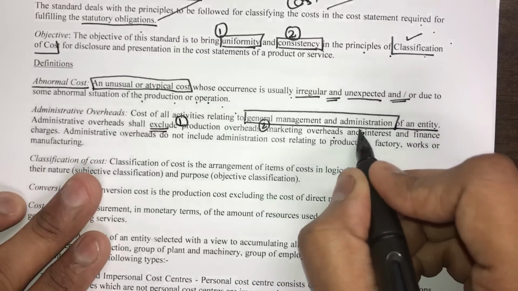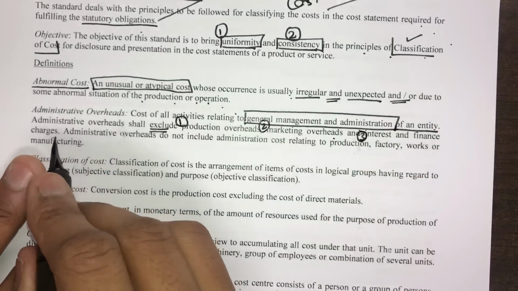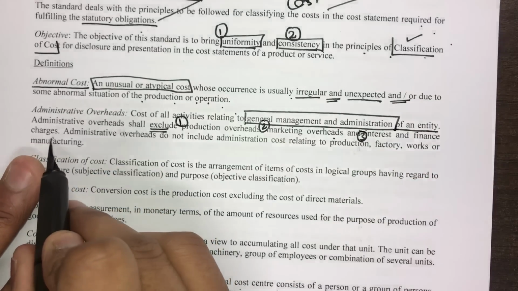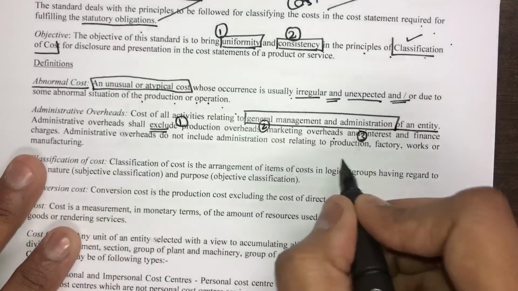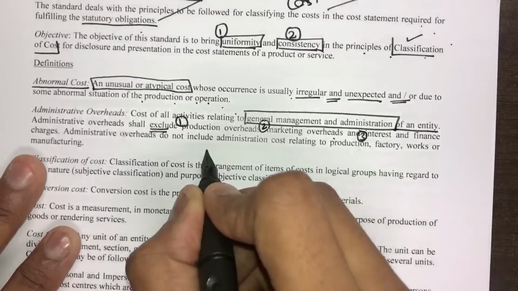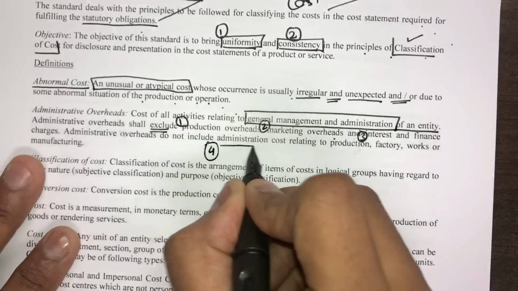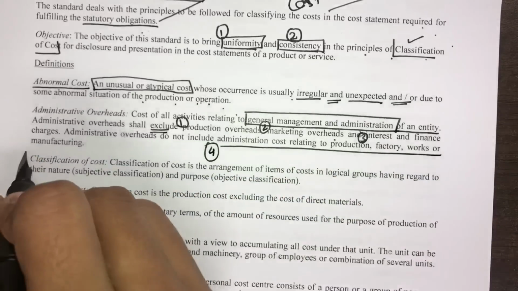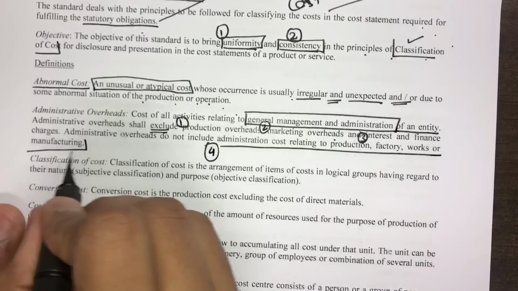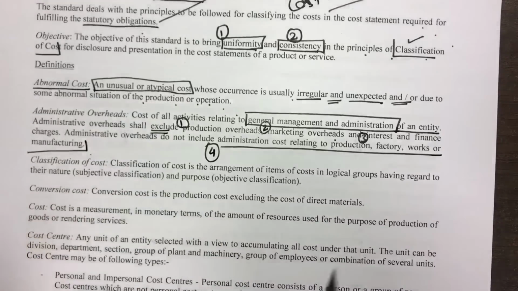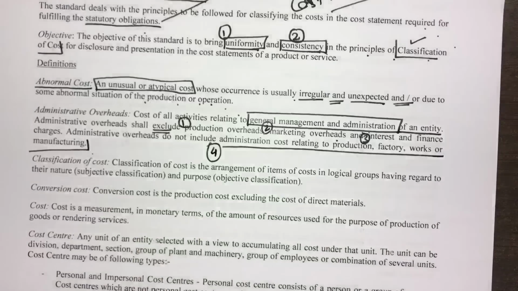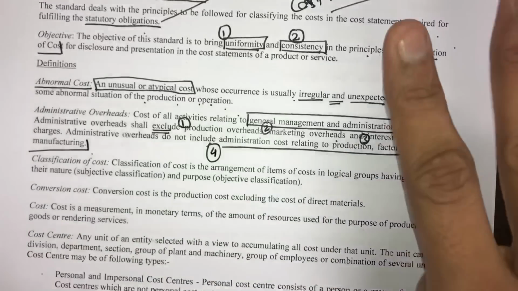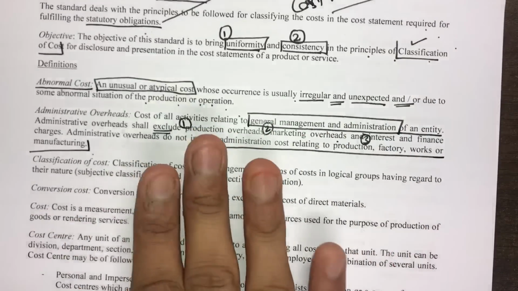Number three, interest and finance charges are not to be termed as admin overheads. And number four, admin overheads relating to production, factory works or manufacturing are not termed as admin overheads. So admin overheads has four exclusions.